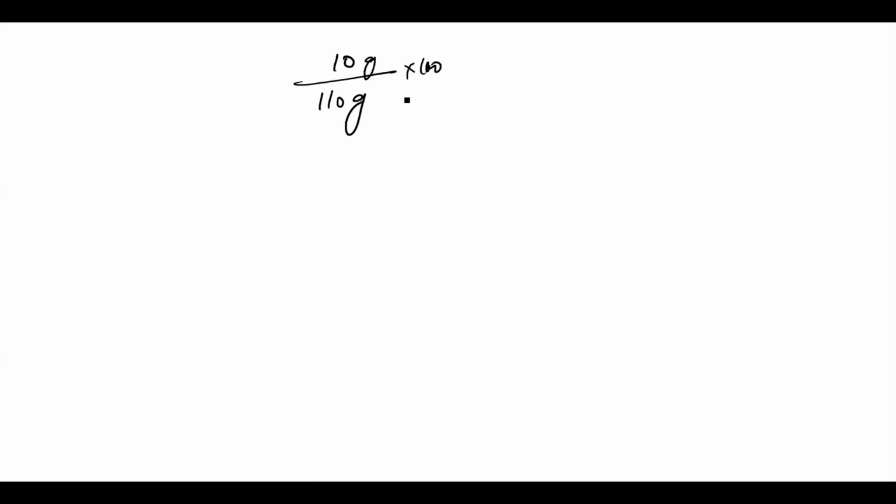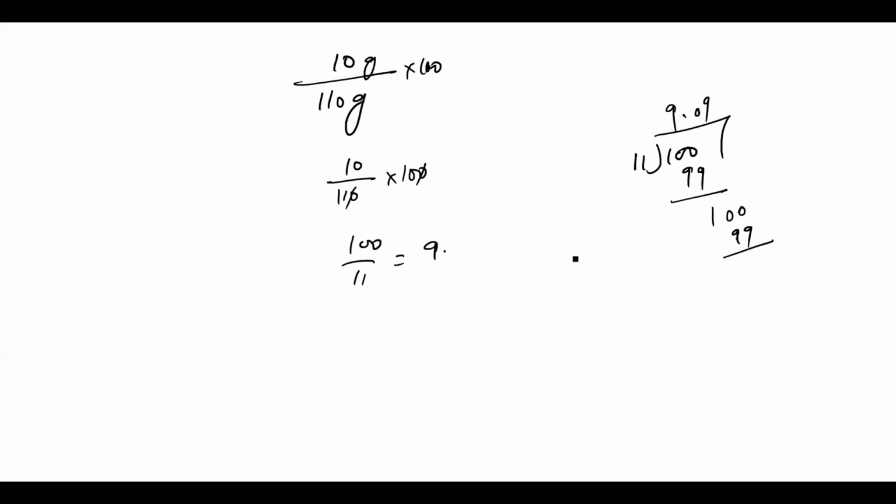So this will be 10 upon 110 into 100. You cut it, you will get 100 upon 11, that would be 9 point something percent. So this is not an accurate 10%. Let's calculate: it is 9.09%. This is the mass by mass percentage for Ramesh.